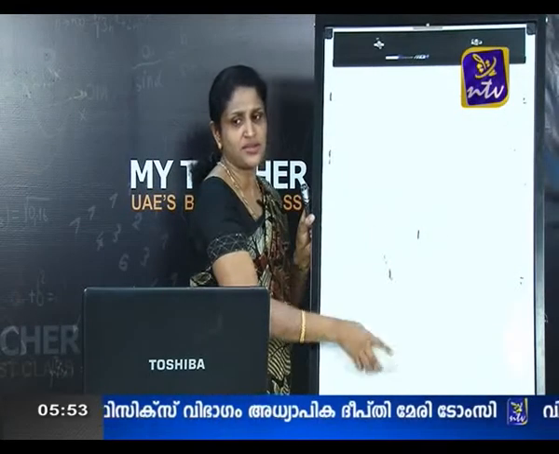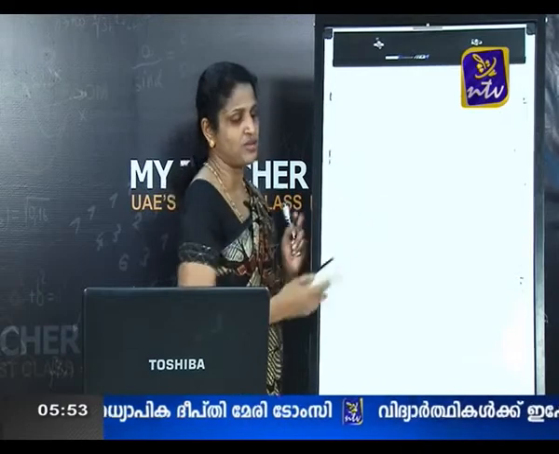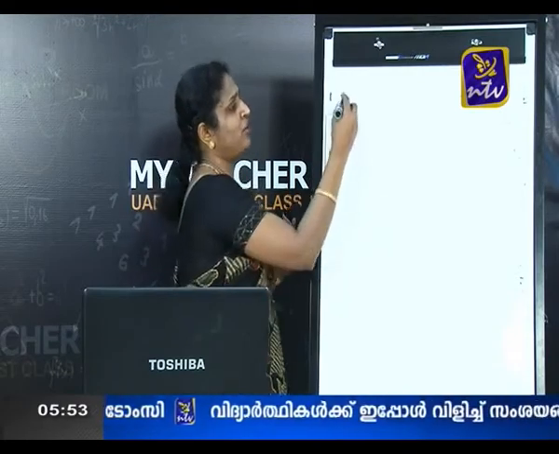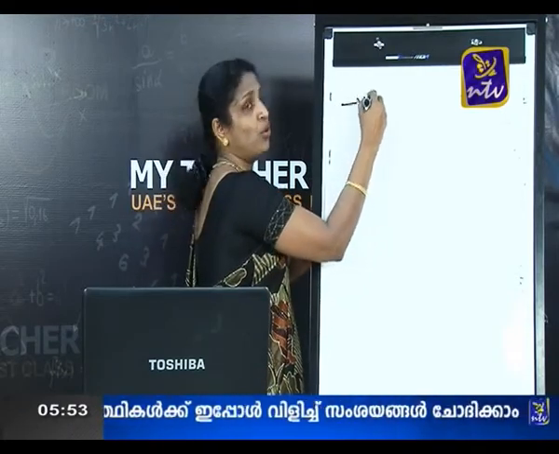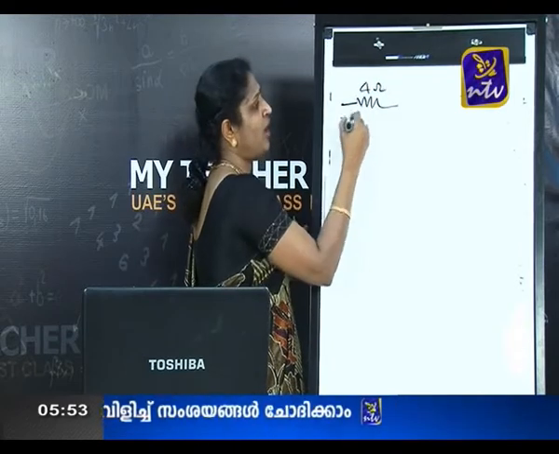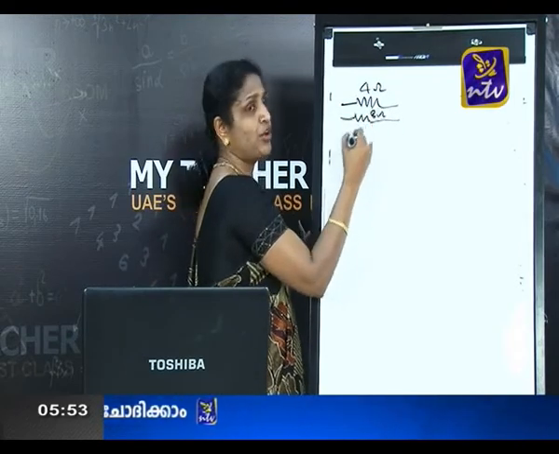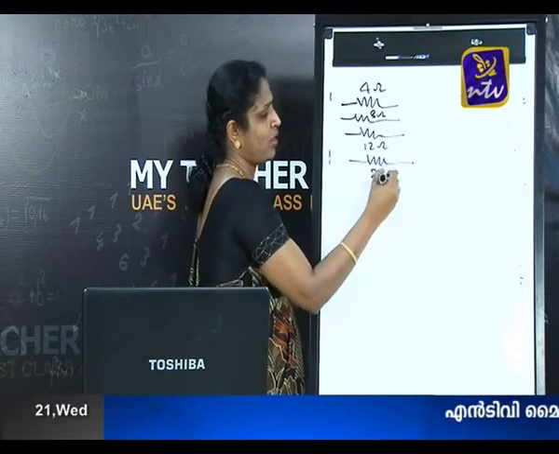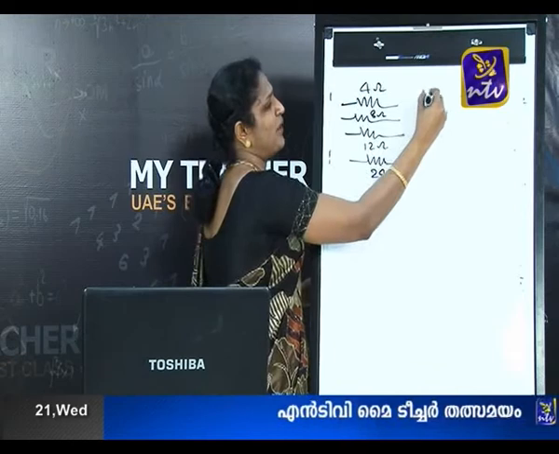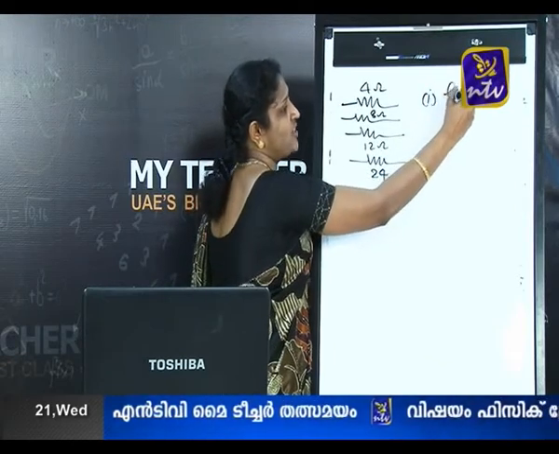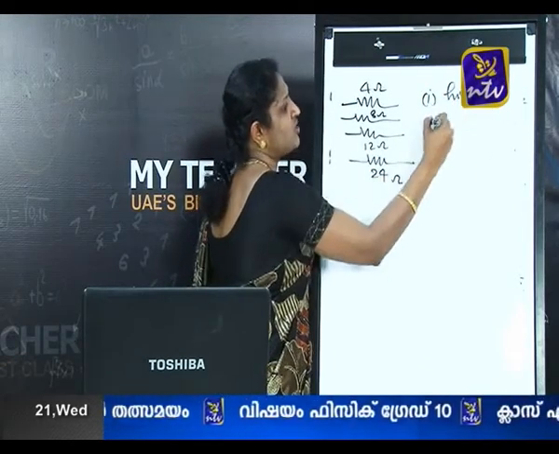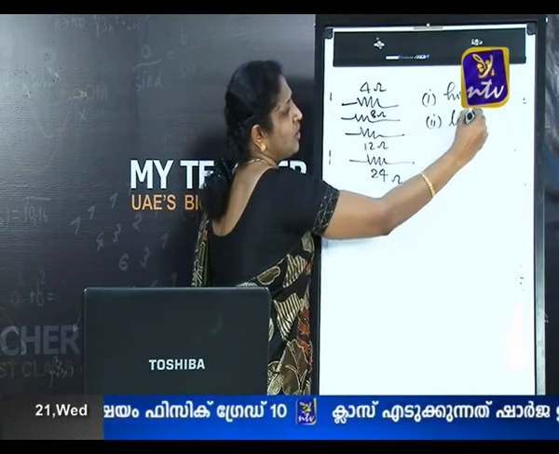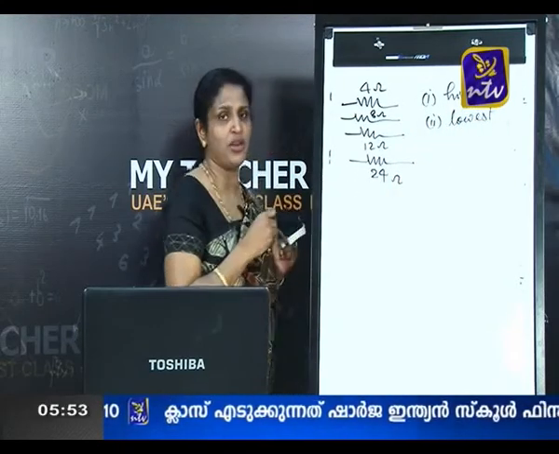What is the highest and the lowest total resistance that you can obtain using a 4 ohm, an 8 ohm, a 12 ohm and a 24 ohm? The question is very specific. What is the highest and what is the lowest resistance that you can obtain?